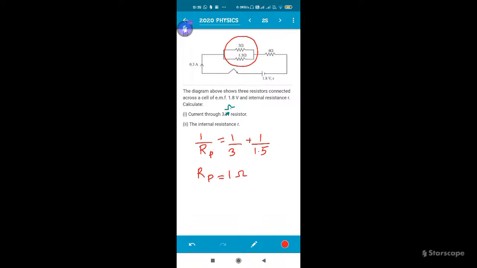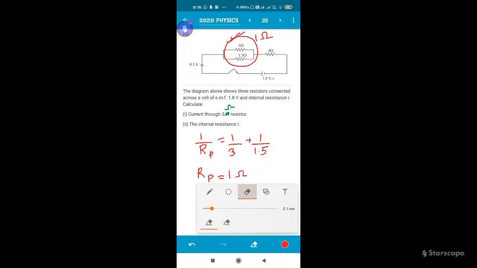So this entire parallel combination together has an equivalent resistance of 1 ohm. That means 0.3 ampere is passing through this 1 ohm and through the 4 ohm also, and also through the internal resistance small r. Now, since the 1 ohm and 4 ohm are in series, the potential difference across them will be different. It will not be same. So we will find the potential difference across the parallel combination. Okay, so let's do it.